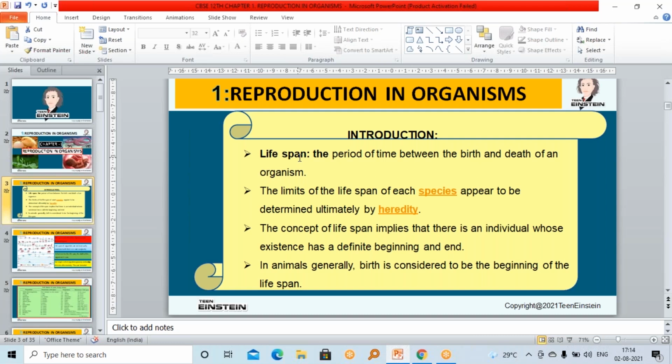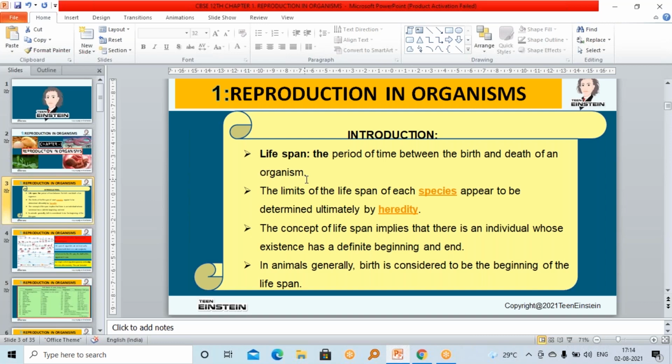So let me give an introduction about reproduction and life. Everyone knows that all organisms live for a certain period, right? There is a period between the birth and the death of an organism. That period is called the lifespan of the organism.